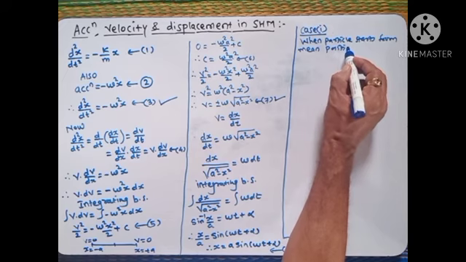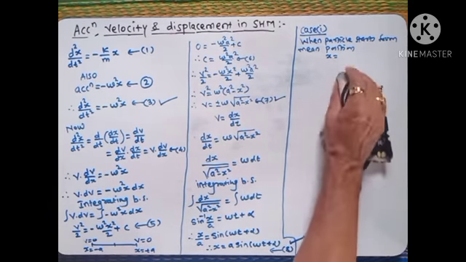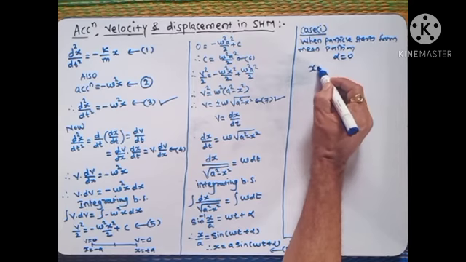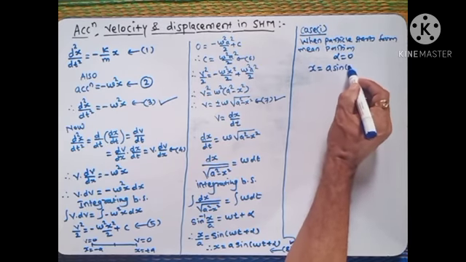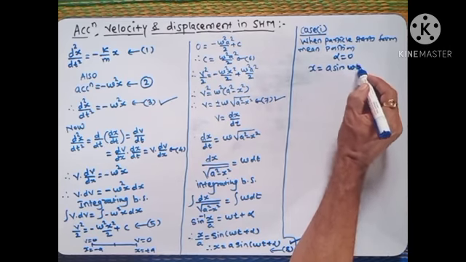When the particle starts from mean position, we consider alpha equal to 0. If we put alpha equal to 0 in this equation, then we get x equal to a sine omega t. We can use only this expression for displacement.